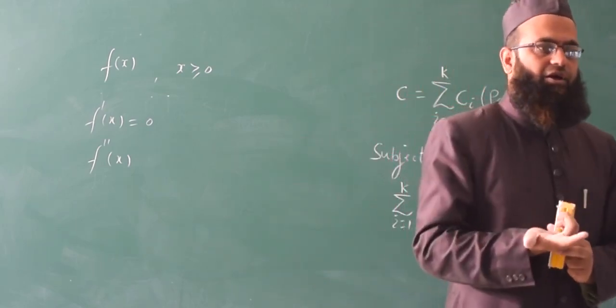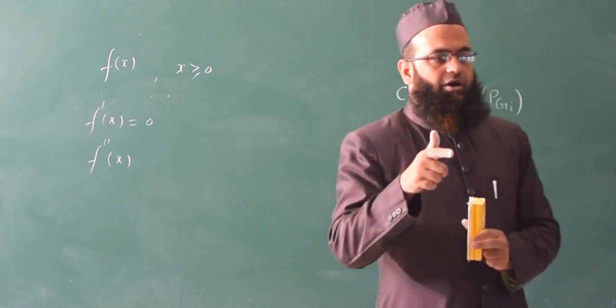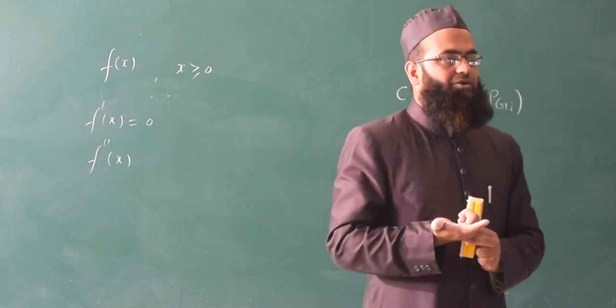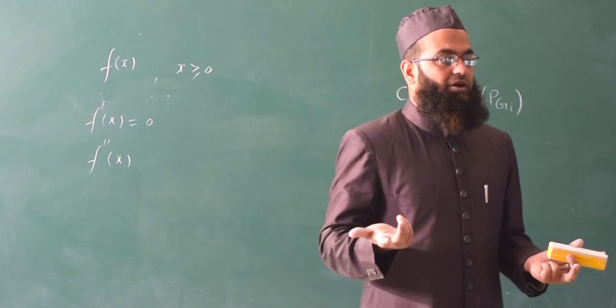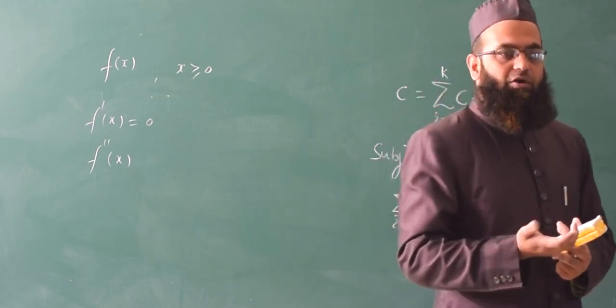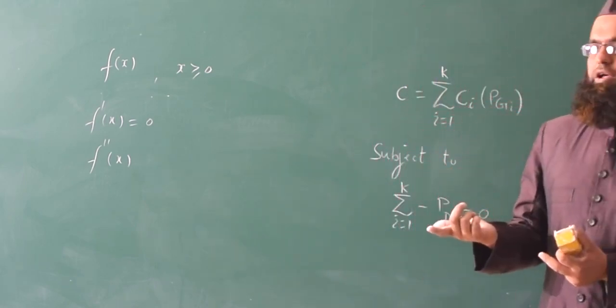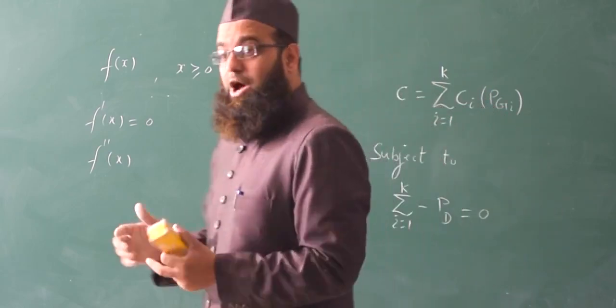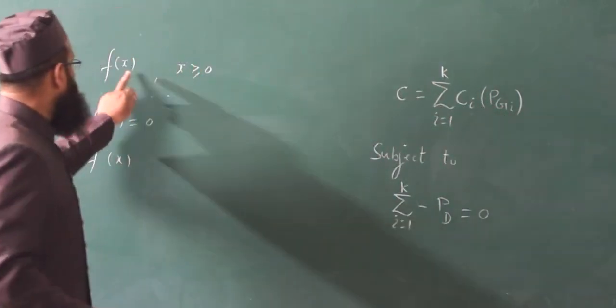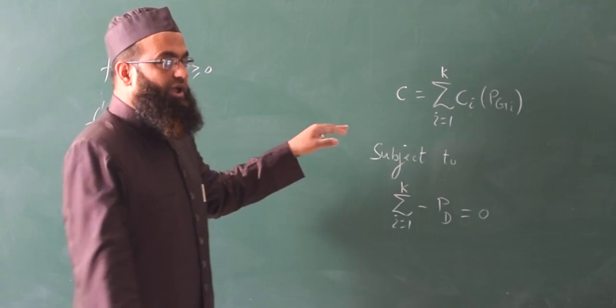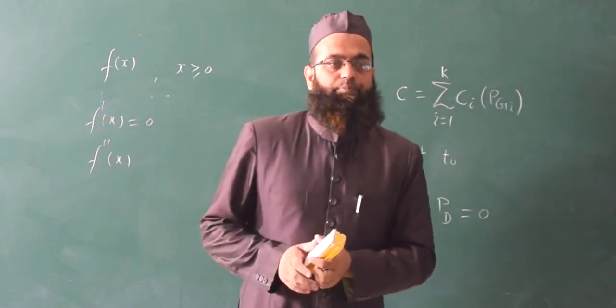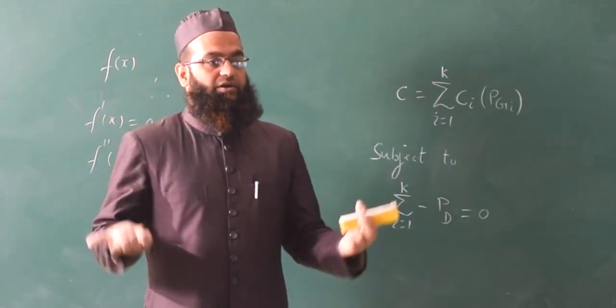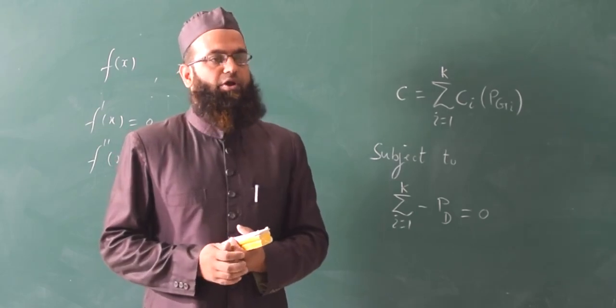Suppose for unit 1, C1 will be depending on PG1, you don't know the value of PG1. Similarly, C2 will be depending on PG2, Ck will be depending on PGK. So you have to find, similar to this variable x, but here we are having a multivariable optimization problem.